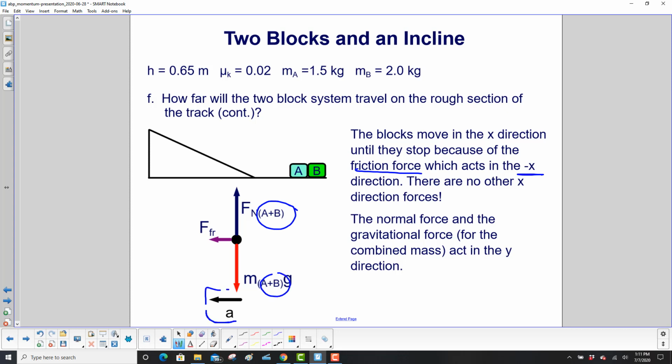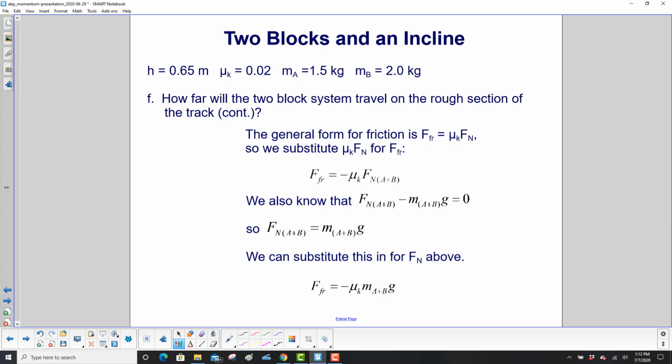And we're drawing the acceleration vector to the left. Why? Because it's stopping, right? You had a velocity here, and the only way to stop it is to have a force and an acceleration to the left. The general form for friction is force of friction is mu k times the normal force. So we put in the normal force here for the friction, okay? So force of friction is minus mu k times the normal force. Now what is the normal force equal to? Well, from the free body diagram, you've got normal up and you've got mg down.